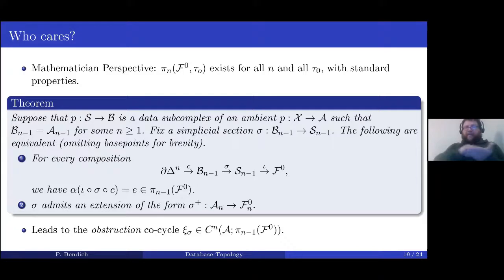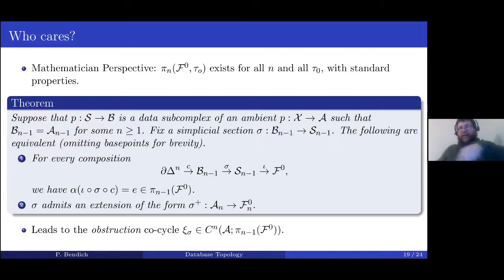If I have a section downstairs on the n minus 1 skeleton, I can define an element of C upper n of the upstairs data subcomplex with coefficients in pi n minus 1 of f naught by simply saying what is an element of C upper n? It's a group element for every n-cell downstairs. So if I look at an n-cell downstairs, I ask, what does the section do to you on the boundary?